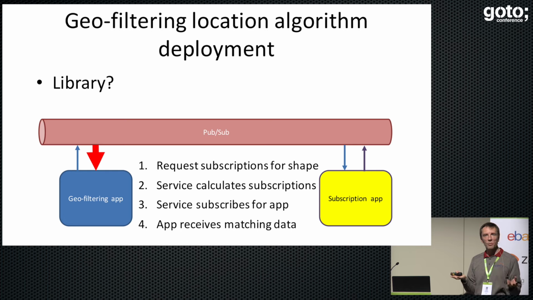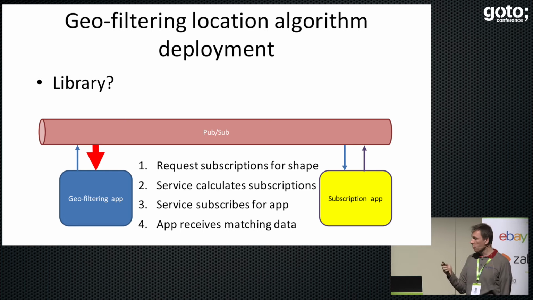He's had to do no computation whatsoever. So it's incredibly lightweight. What's more, any changes we make to our subscription algorithm, we only have to apply once. So it makes deployment really easy. If we need to scale this subscription app, we can just horizontally scale it because we're just listening on our pub sub bus.